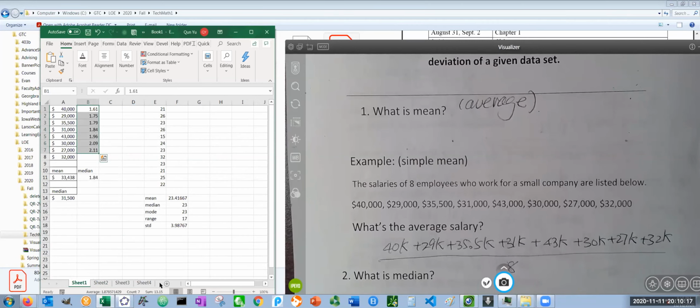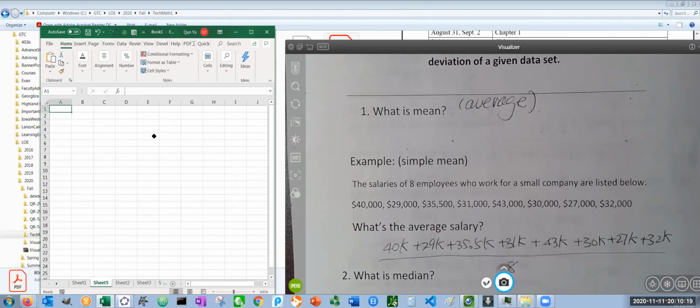Now, let me add a new page. So we have 40 and 29, 35.5, and 31, yeah, 31, 43, 30, 27, and 32.